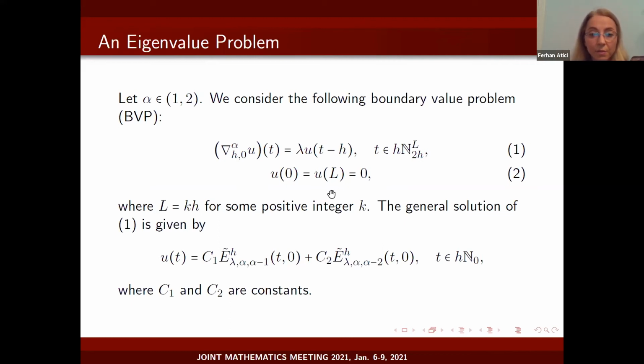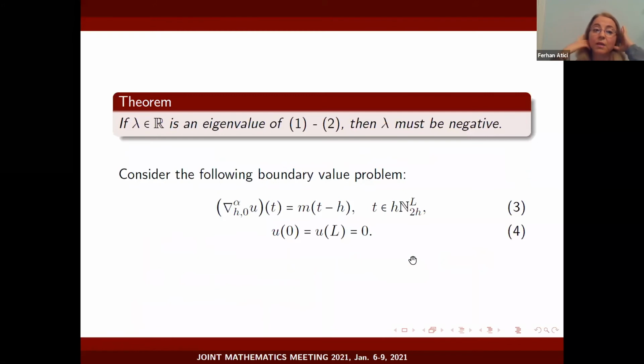So here is the boundary value problem we have here. And here are the two linearly independent solutions. The first theorem that we have here is: if lambda, an element of R, is an eigenvalue of this boundary value problem, then lambda must be negative. Then I remove lambda and replace the lambda term with this m(t minus h) function.